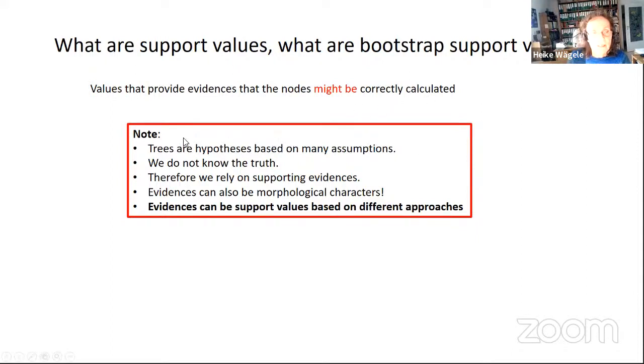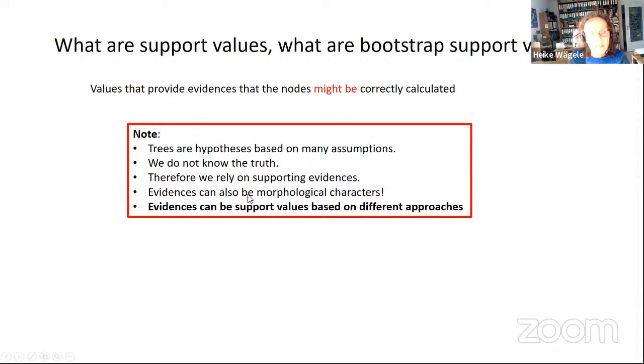So what we have to consider here, the trees are, again, hypotheses based on many assumptions. So all the evolutionary models that were used are assumptions, and we do not know the truth. Again, so always the tree is an assumption, it's a hypothesis. And if we want to have further support for the nodes that we see here, we can rely on supporting evidences, but not full.